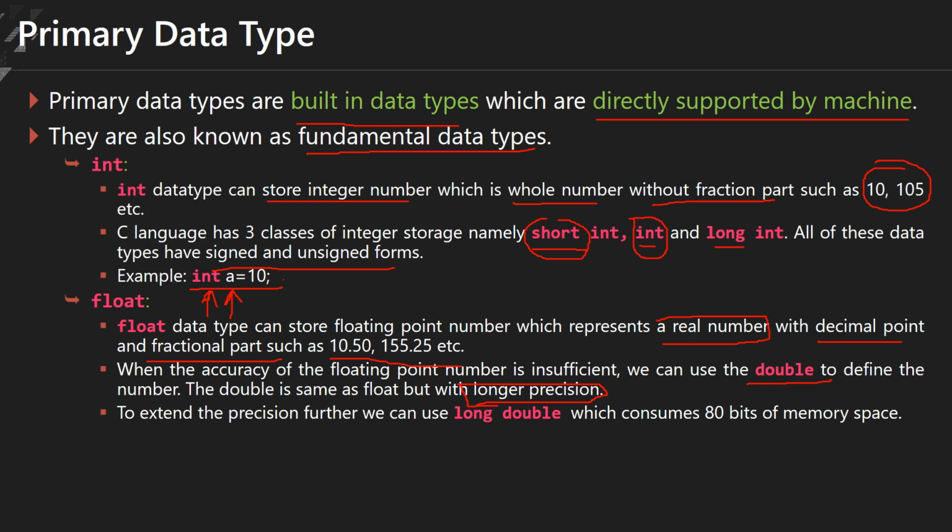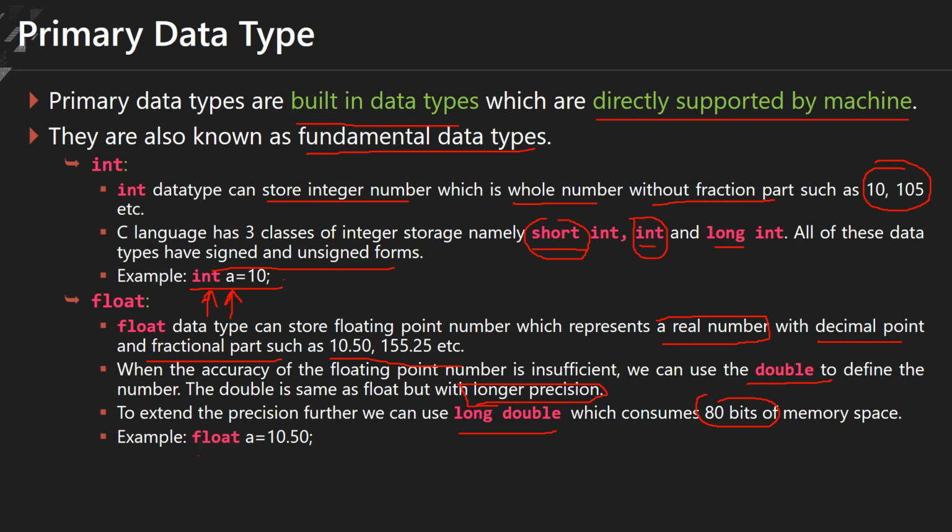If further accuracy is required, you can also use long double. Generally 80 bits of memory space are required to store long double values.